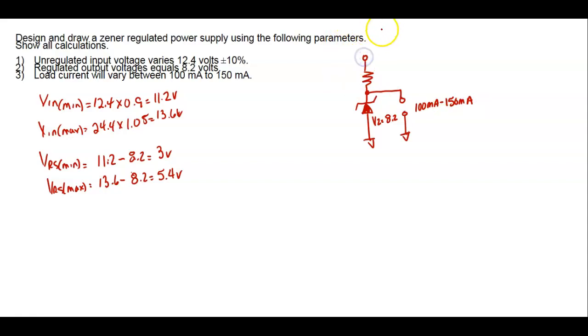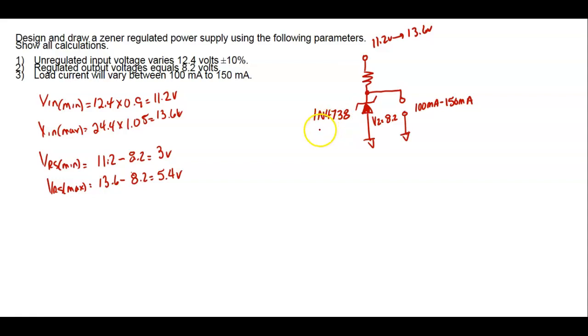But my input voltage is going to vary between 11.2 volts through 13.6. And what zener are we going to use? 1N4738. Is that okay?